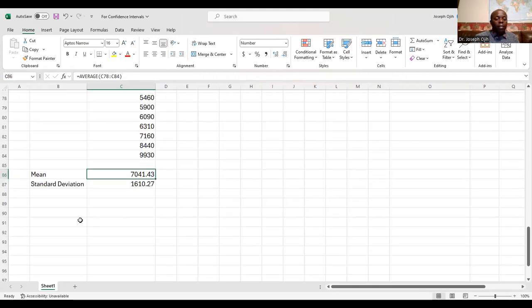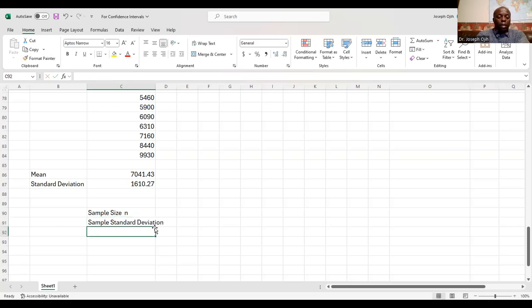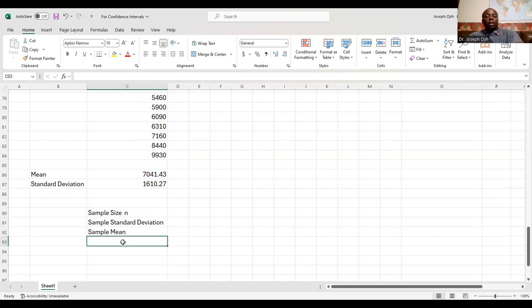Now we can get our values. We have sample size n, sample standard deviation, sample mean, alpha, and the confidence level.